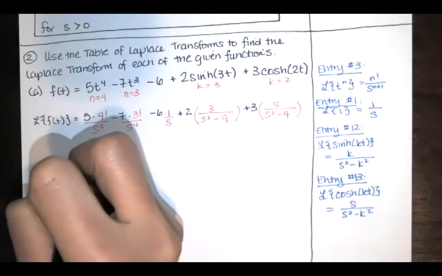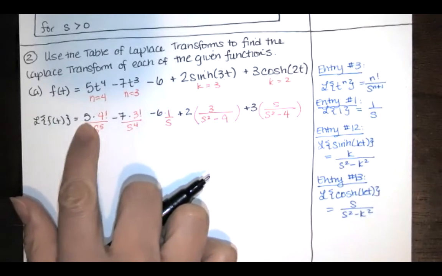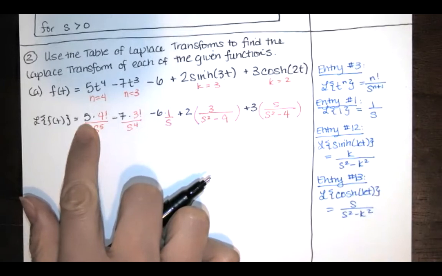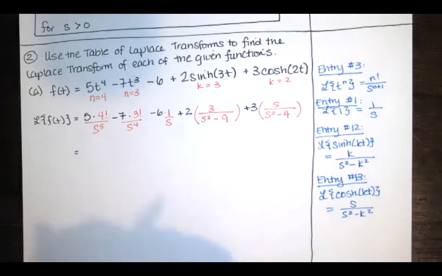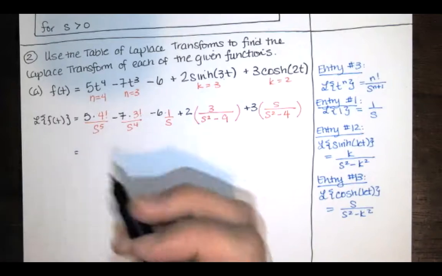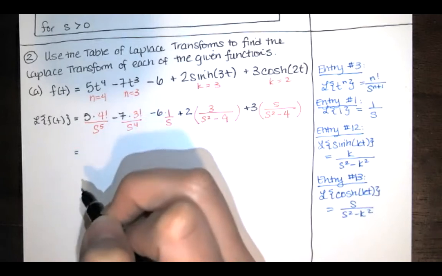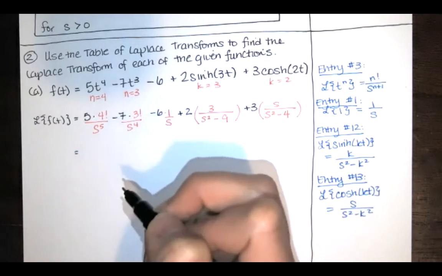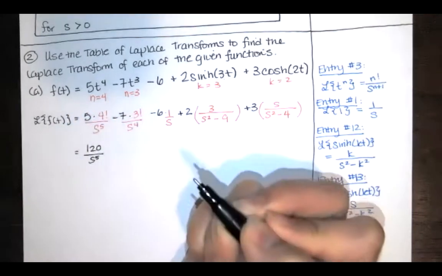It's just not simplified. Looks like we've got 4 factorial times 5. 4 factorial is 2 times 3 times 4, which is 6 times 4, which is 24. And then we take 24 and we multiply by 5. 20 times 5 is 100, and 4 times 5 is 20. So it's going to be 120 over s to the 5th.